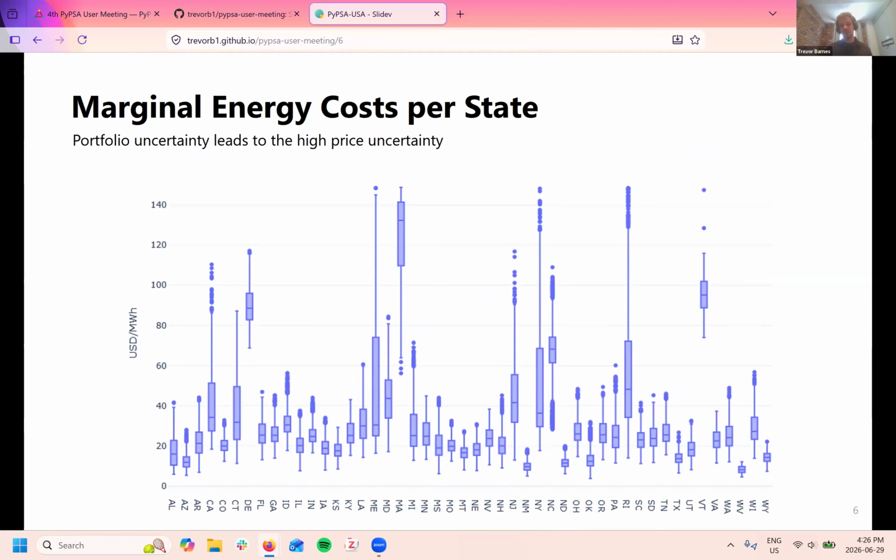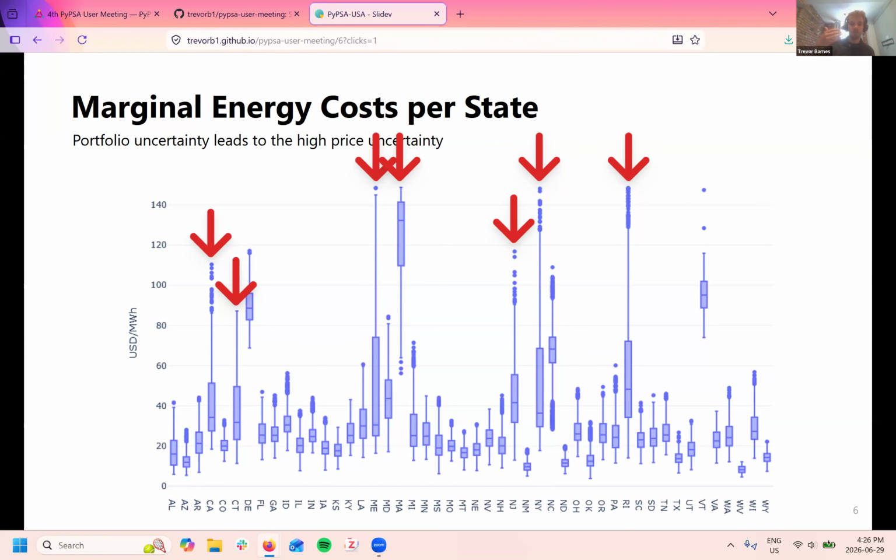Those 7 states all map to the states with the highest level of uncertainty as well, or highest range of marginal cost output. So even though fossil fuel prices are generally more impactful across the nation, states that have aggressive RPS standards, renewable portfolio standards, their marginal costs can get way higher than just fossil fuel uncertainty.